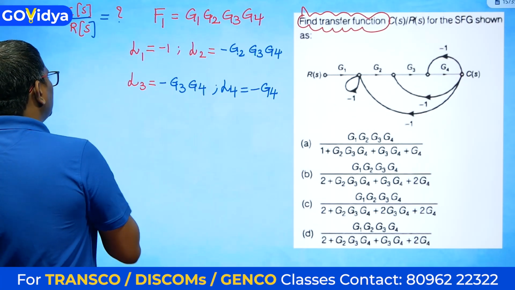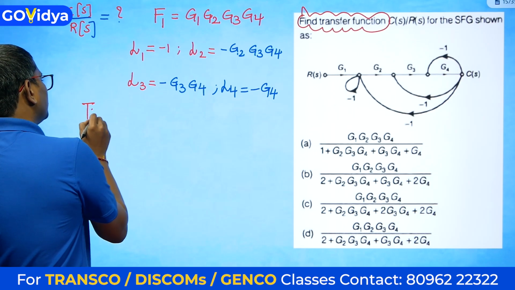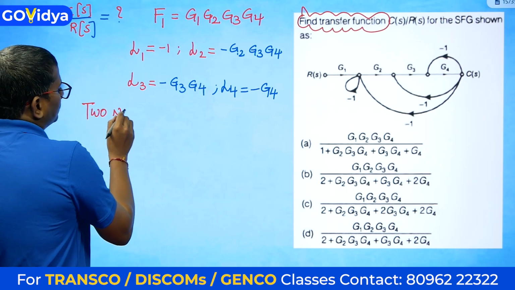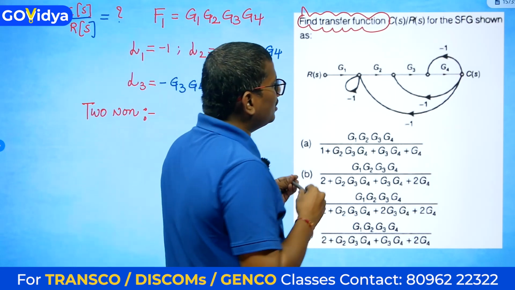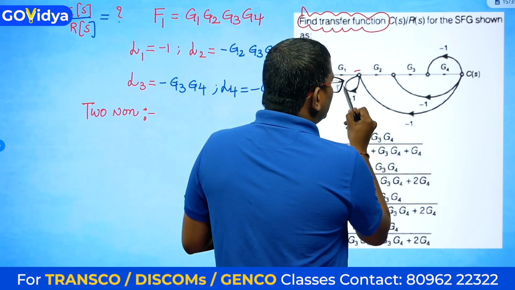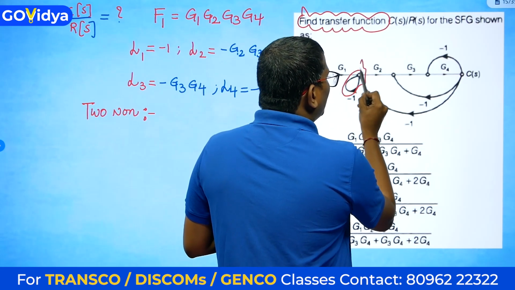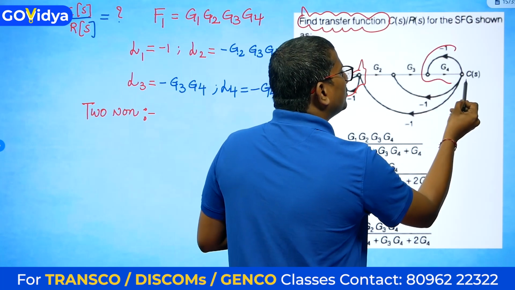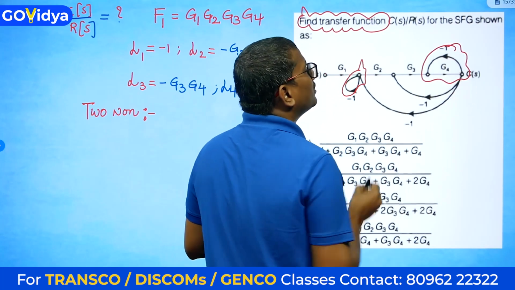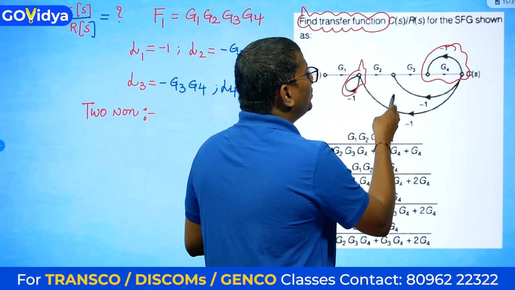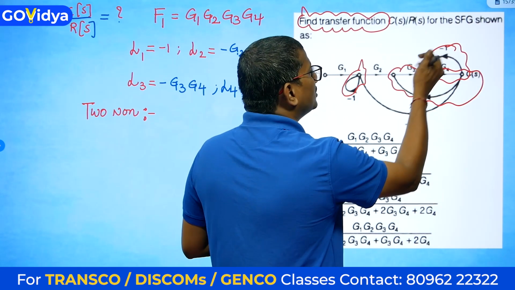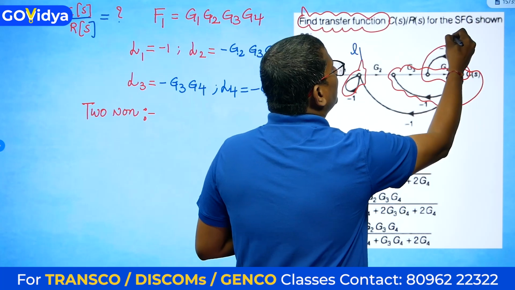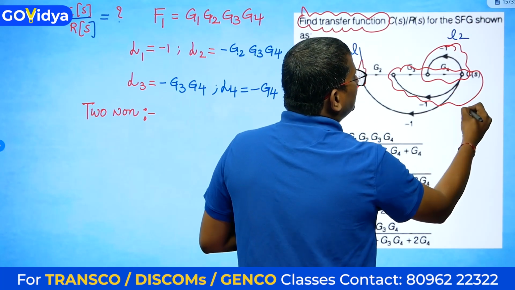How many two non-touching loops are there? How many pairs are there? You see, this loop is not in touch with this loop. See, red to red color. And this loop is not in touch with this another loop. So let us say L1, let us say L2, let us say L3.